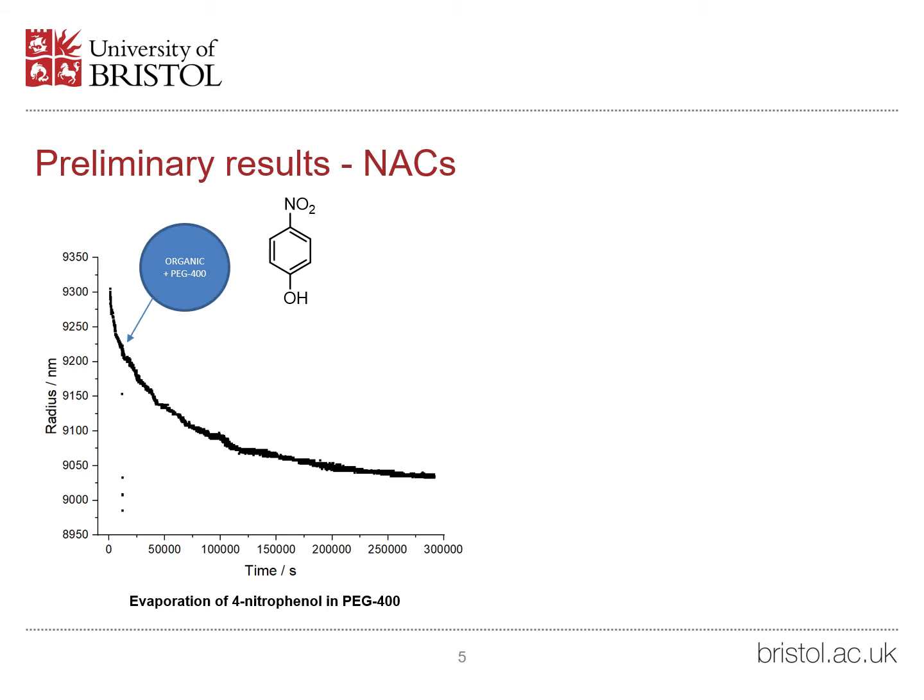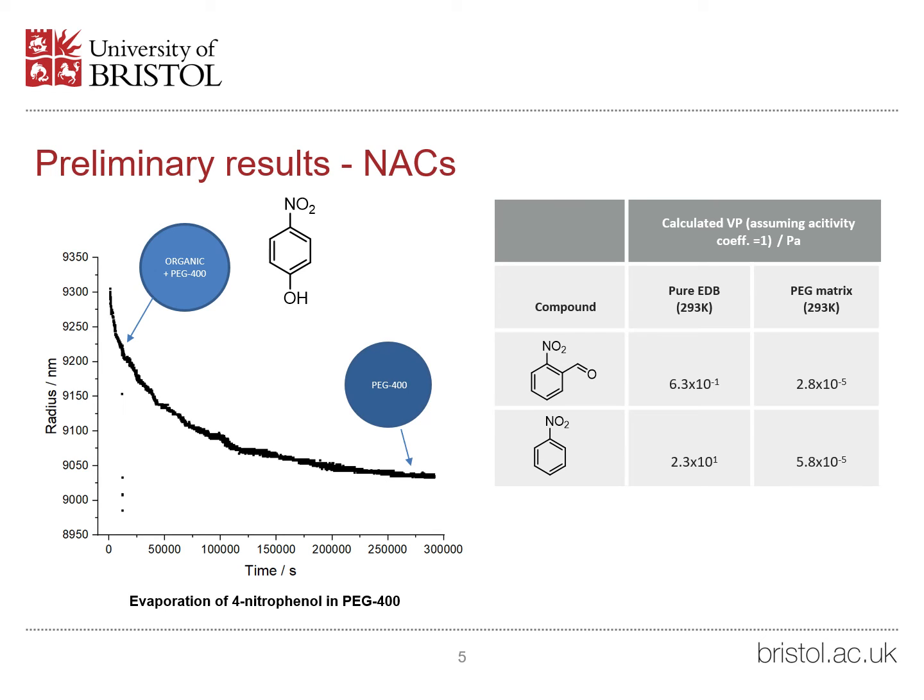And you can see firstly, I have the nitrophenol in the PEG, and the nitrophenol comes off, leaving just the PEG behind in this exponential decay type shape. And this is the sort of data that I get. So this is 2-nitrobenzaldehyde taken pure in the electrodynamic balance, so that would be without the PEG matrix, and on the right here with the PEG matrix.